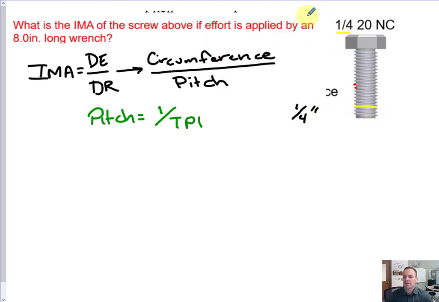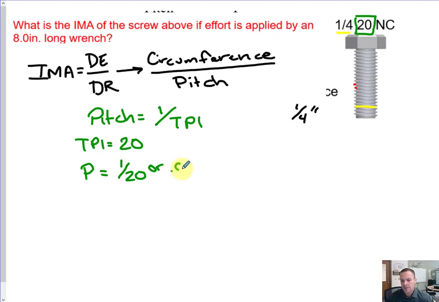The number we are interested in, however, is this number. This number represents the threads per inch. So TPI here is 20, and pitch is equal to 1 over 20. Or it's much easier for us to put it in our calculator: 0.05. Okay, that's that as a decimal.